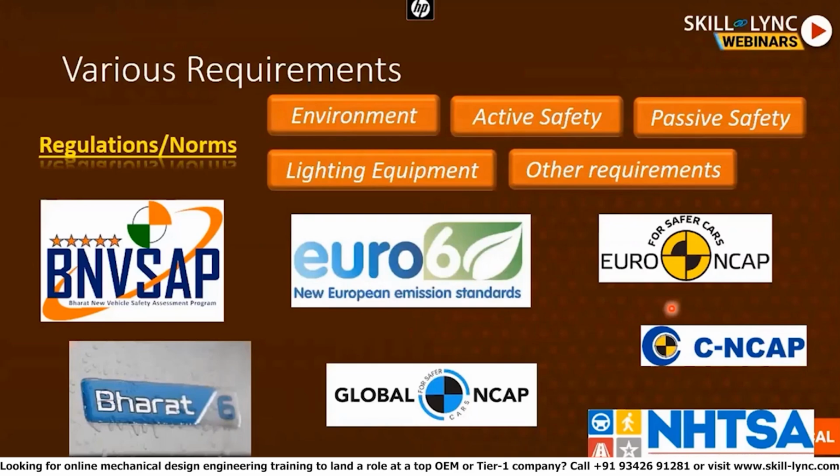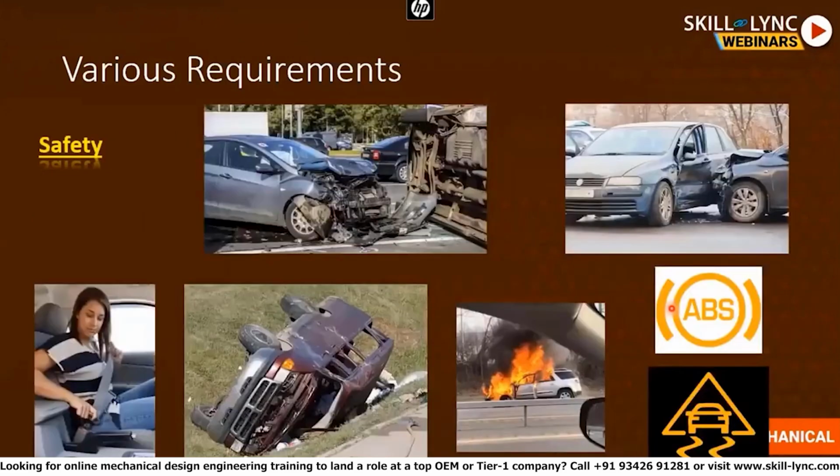So there are many things which are controlled by the government legally, which the automobile manufacturer has to meet before selling the vehicle. If the manufacturer cannot meet these norms and regulations, he cannot sell the automobile. So this is a very basic requirement before you sell. This is where most of the time is spent during the design and validation.